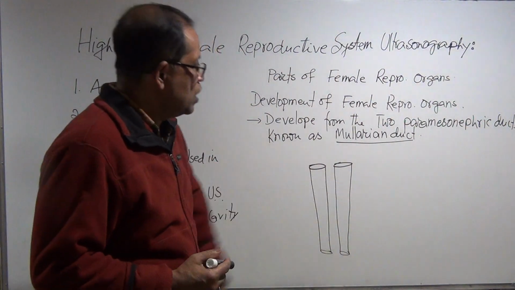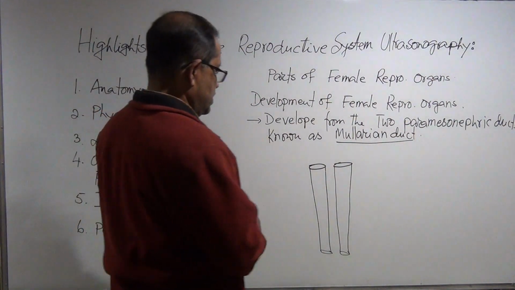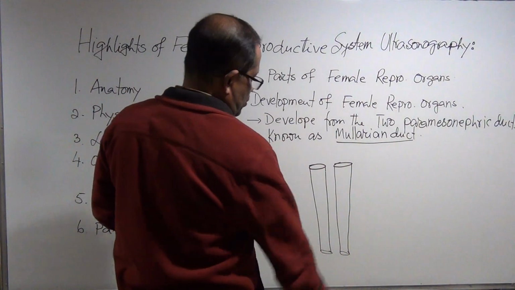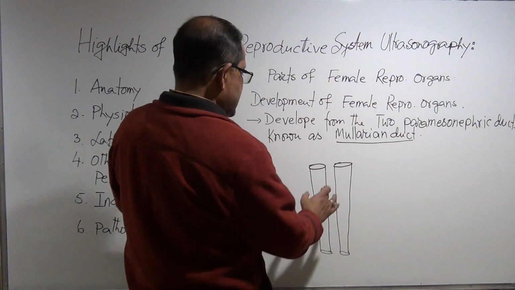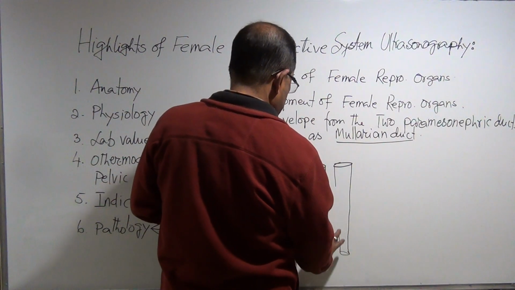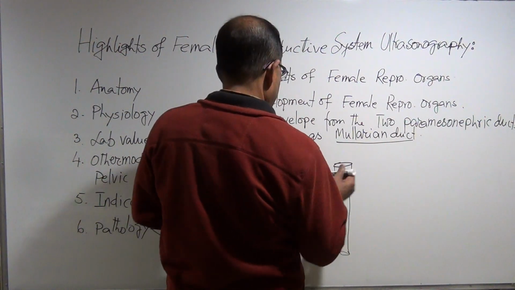Okay, these two Mullerian ducts developed. They are paired, they are close together, and they fuse together at the body.